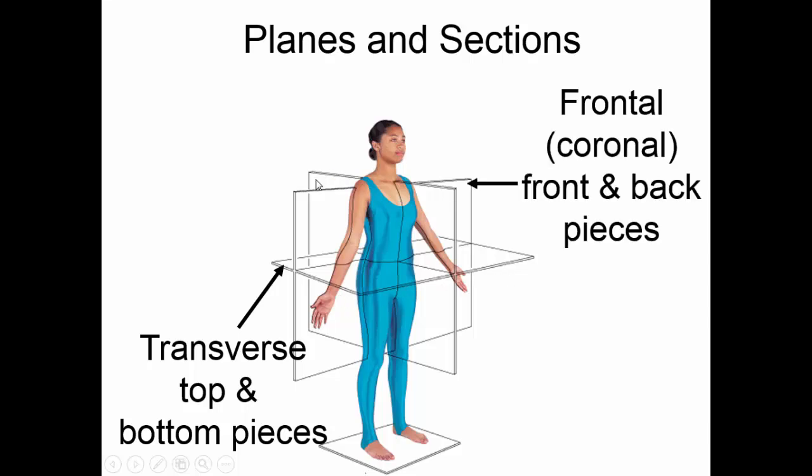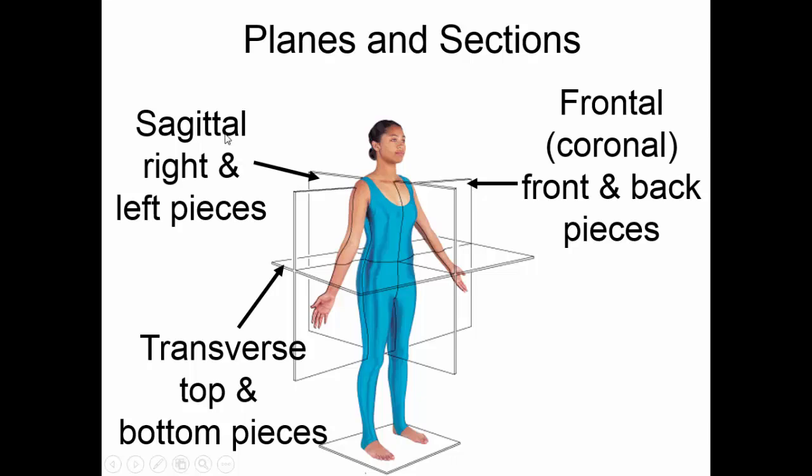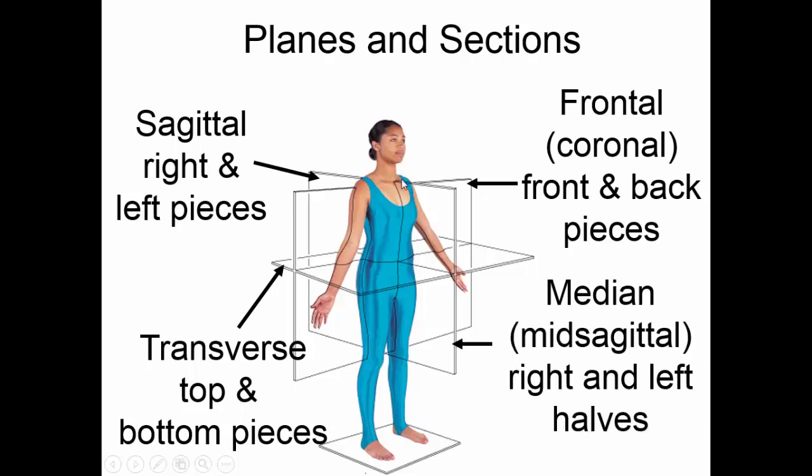If we cut the piece into front and back regions, so we're cutting down the middle, front to back, then we're going to have a frontal plane, or sometimes it's called a coronal plane. And if we cut it into right and left pieces, then we have a sagittal plane. If we exactly cut it down the middle into right and left halves, then we have a mid-sagittal or a median plane.